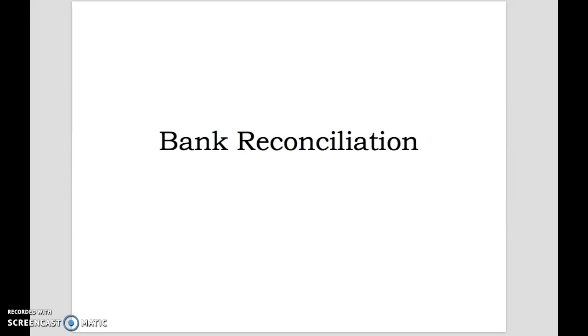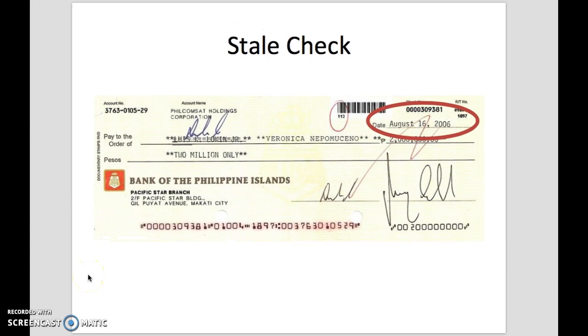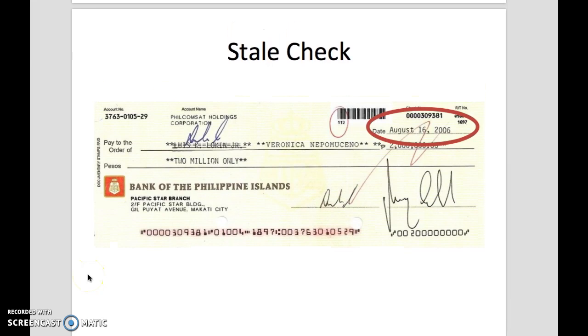Okay, before I delve deeper into this, I want to discuss some terms so that it'll be clearer. So first, stale check. Now, what's a stale check? This is a check wherein the date is already past 6 months. So what do I mean?